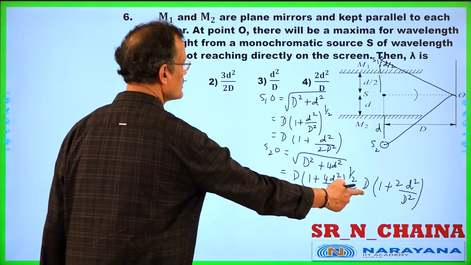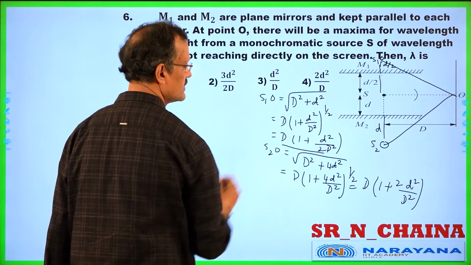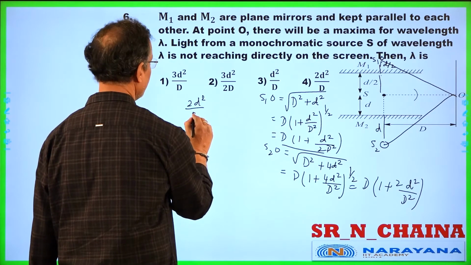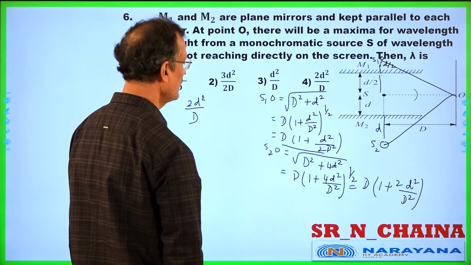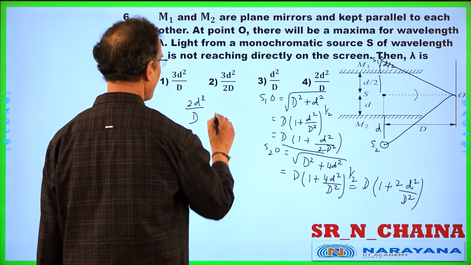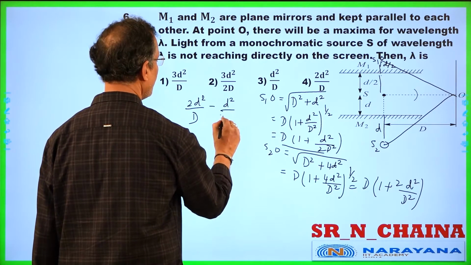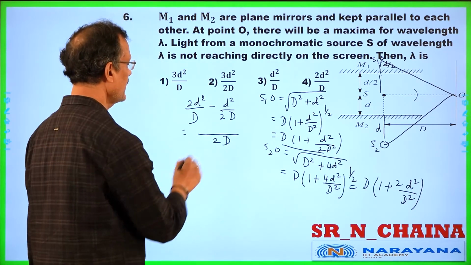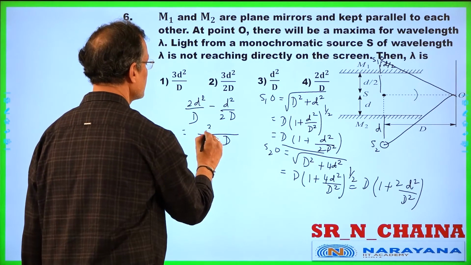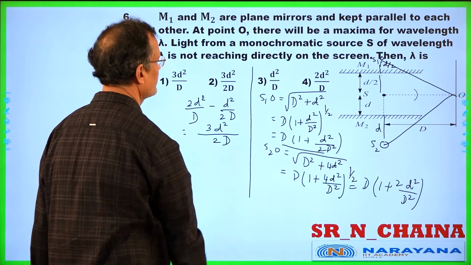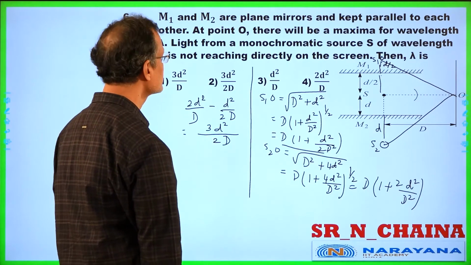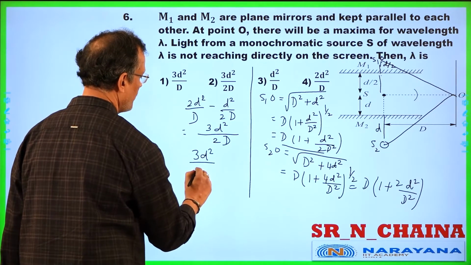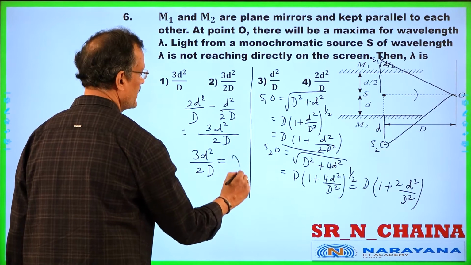If we take the path difference between this and this, what are you getting? 2 d squared by D. And here you will have minus d squared by 2D. How much are you getting? 2D, right? And this is 4 d squared minus d squared, 3 d squared. Clear to you? This you will have to get equal to lambda. 3 d squared by 2D must be equal to lambda.